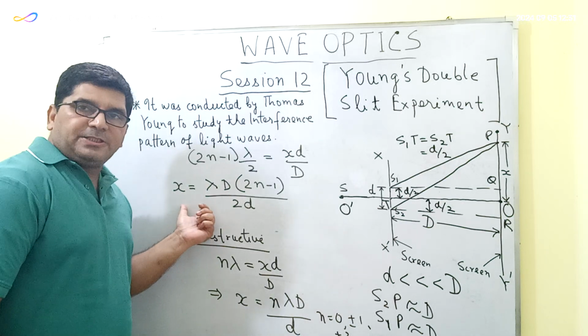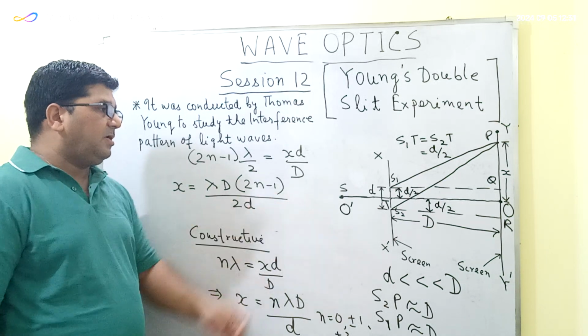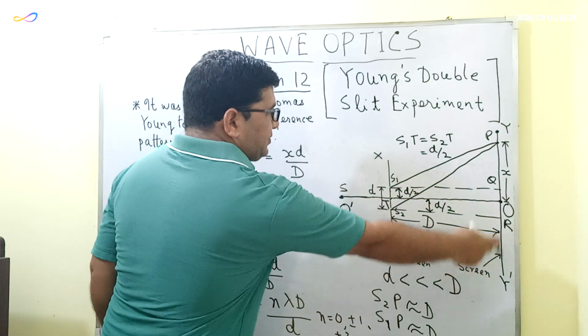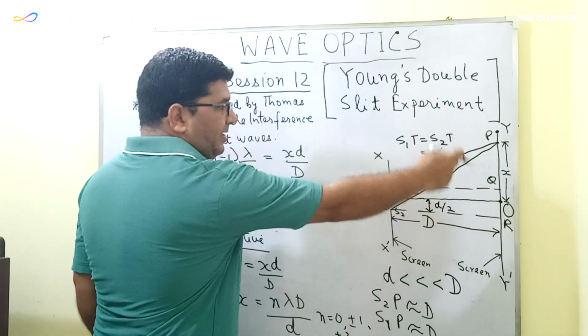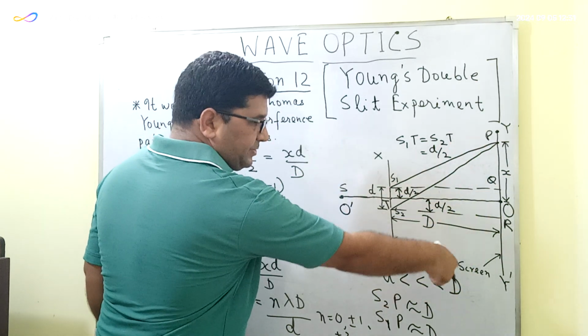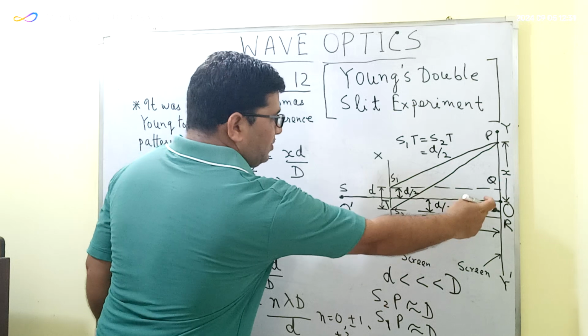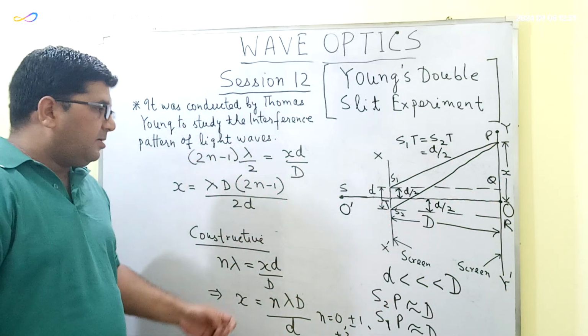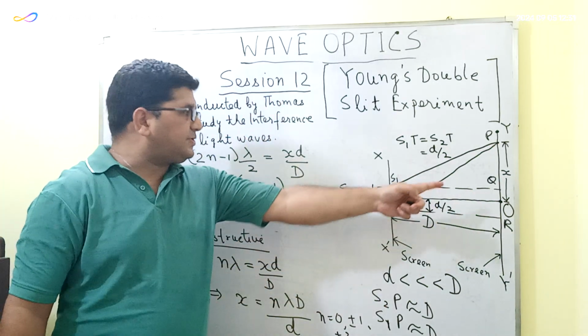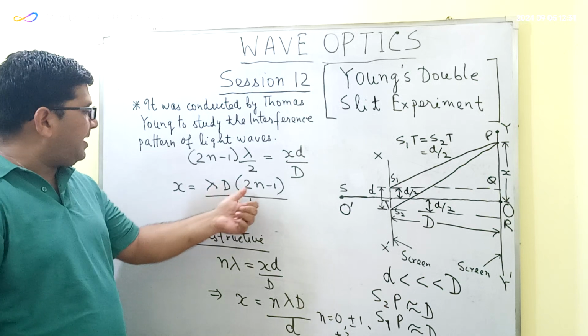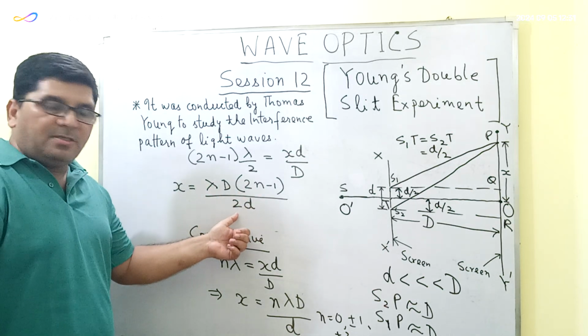This is the distance of the nth dark fringe from the center of the screen, that is YY'. YY' is the screen in this figure.